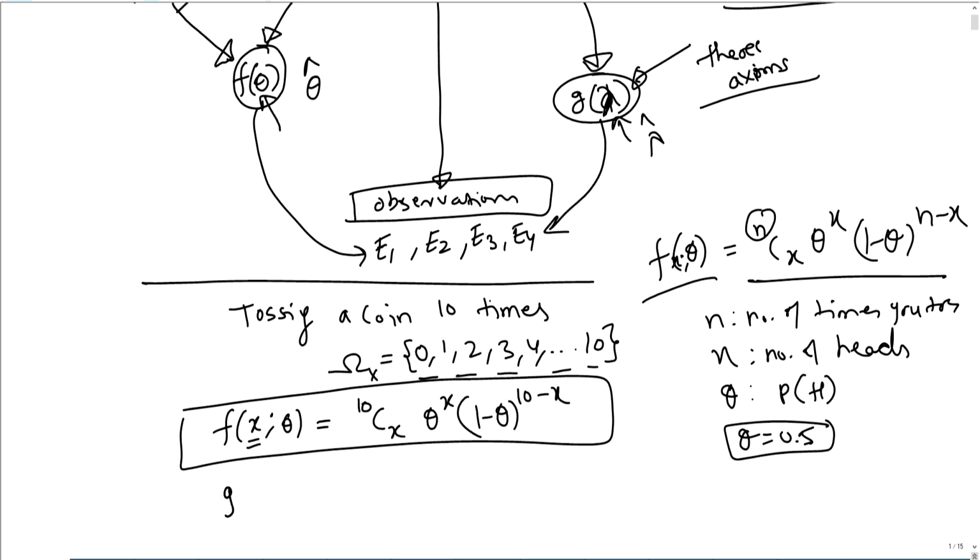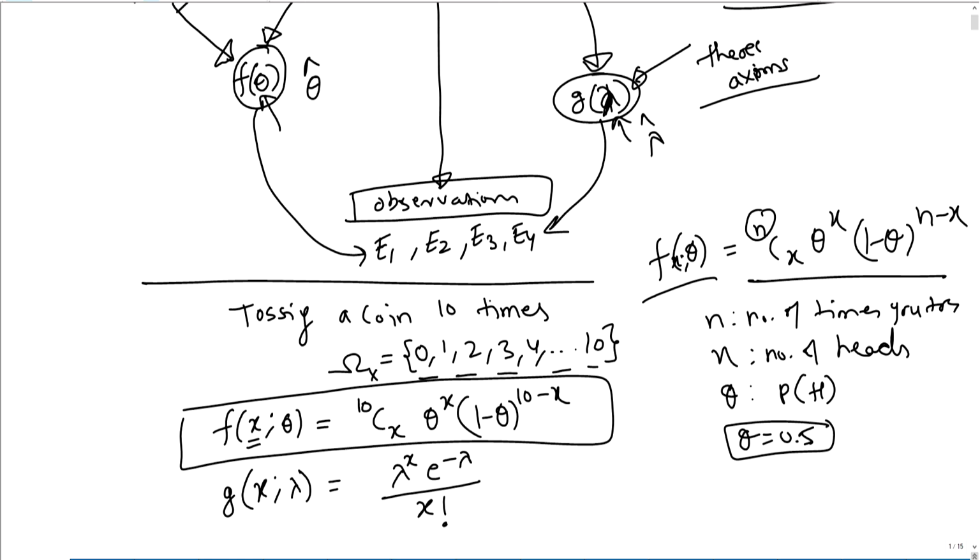Let us say I assume that the number of heads on a coin toss is coming from this g of x lambda such that it is lambda to the power x e to the power minus lambda divided by x factorial. Okay.